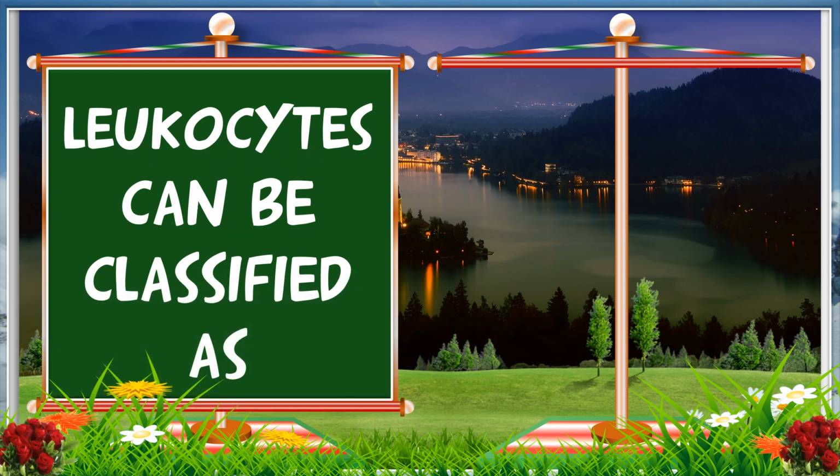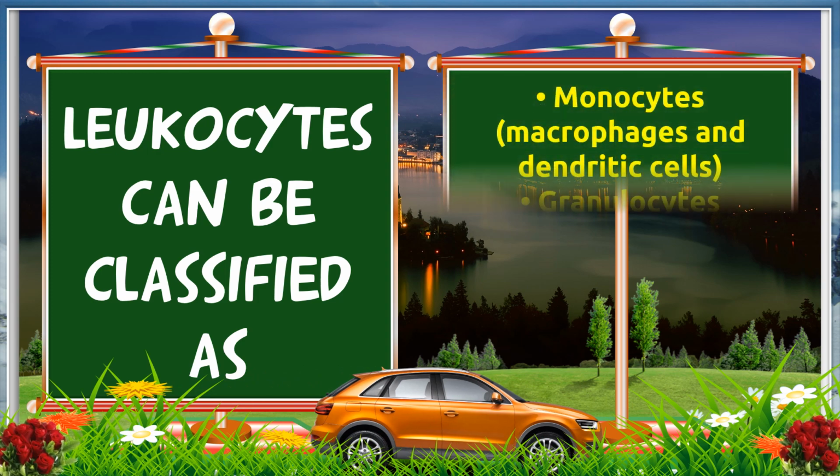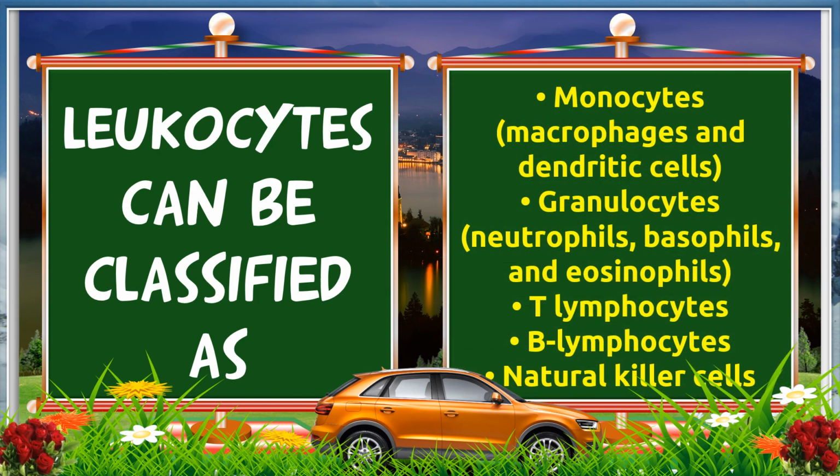Leukocytes can be classified as: one, monocytes. Those are macrophages and dendritic cells. Second, granulocytes.